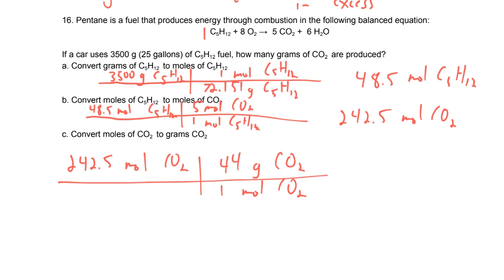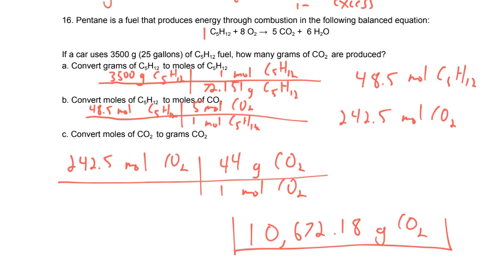And so that 44 times the 242.5 gives us 10,672.18 grams of CO2. So 10 kilograms, which is about 22 pounds of CO2.